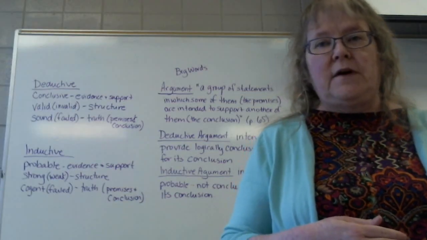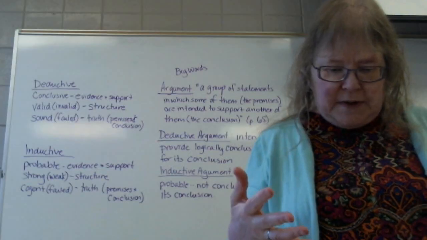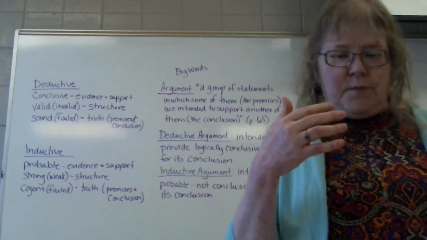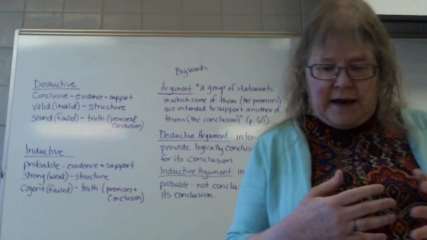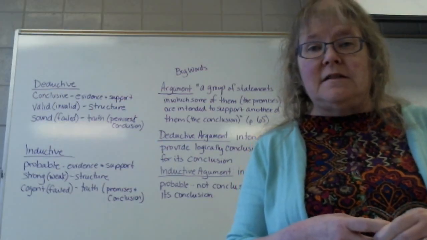The premises are already there in the conclusion. There's something missing, fill it in, okay? And you need to be careful. Choose the premise that is most plausible, most believable in this argument, and fits best with the author's intent, okay?